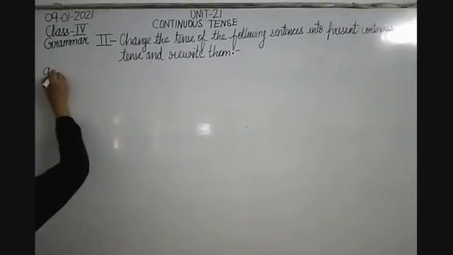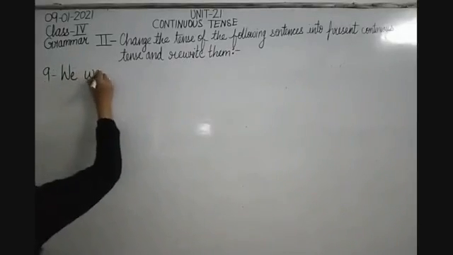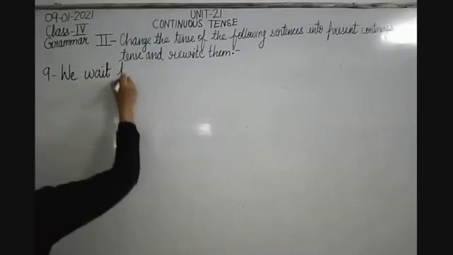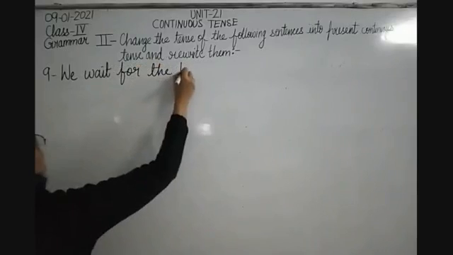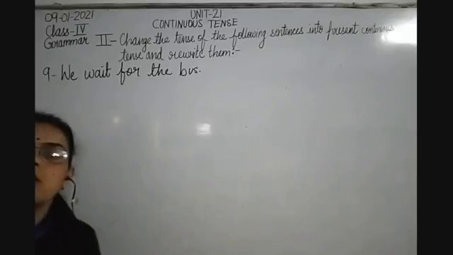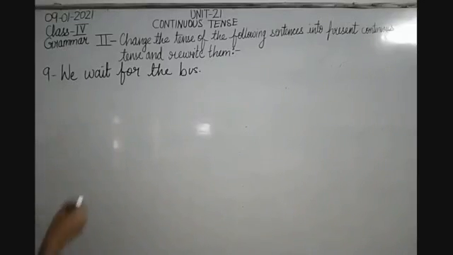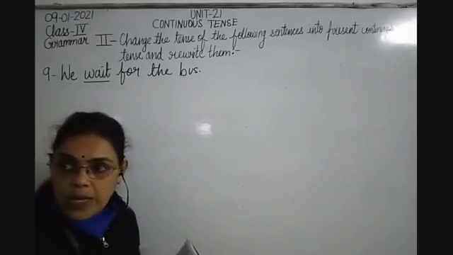The 9th sentence: We wait for the bus. Now, the verb in this sentence is wait. Wait का ing form क्या हो गया? Waiting. और subject क्या है? We.